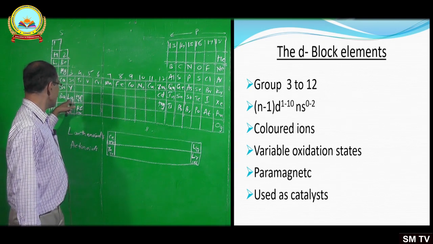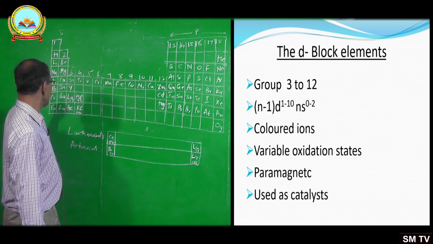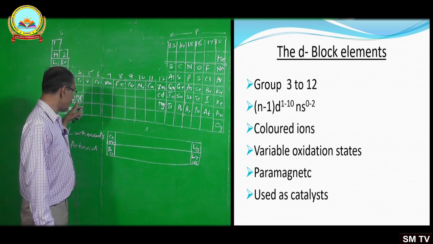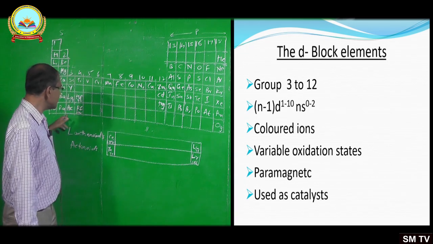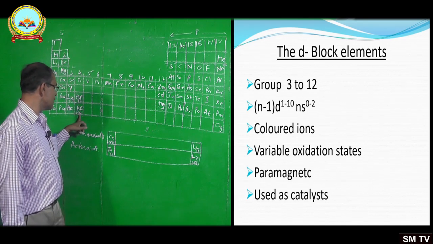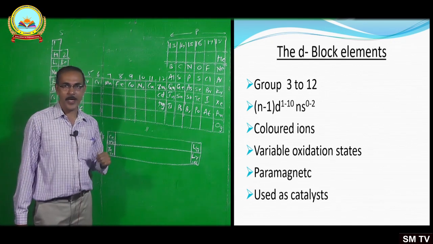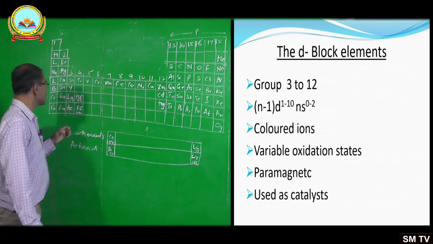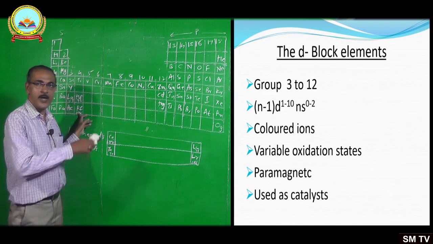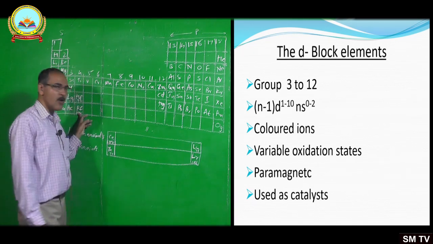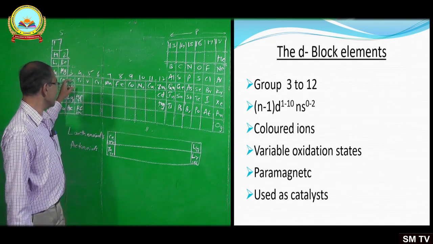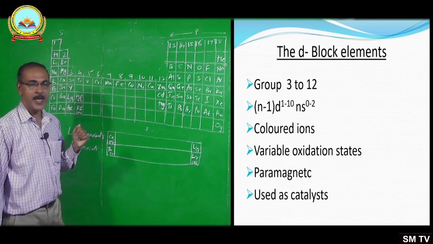Then your 5d series, lanthanum 57, then hafnium 72 to mercury. The 6d series starts from actinium, then the next element is rutherfordium. It continues like this. So, totally we have 4 series of d block elements: 3d, 4d, 5d and 6d.